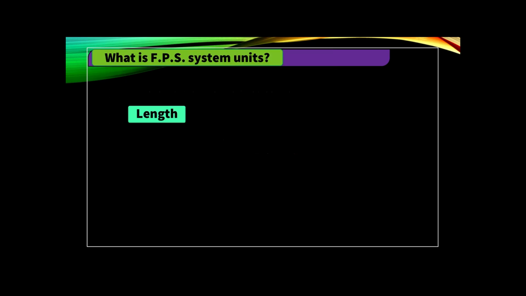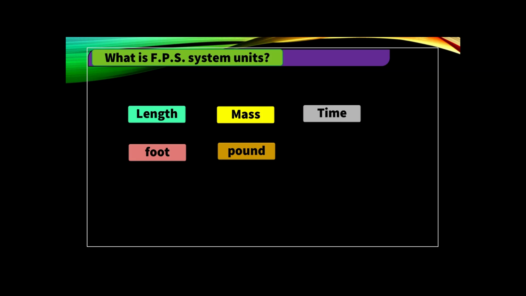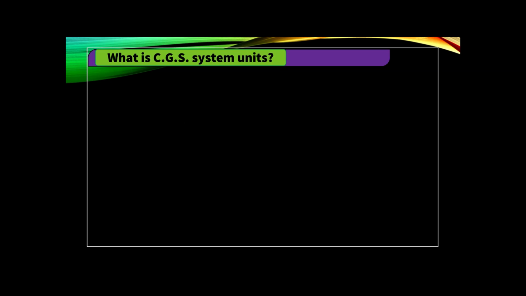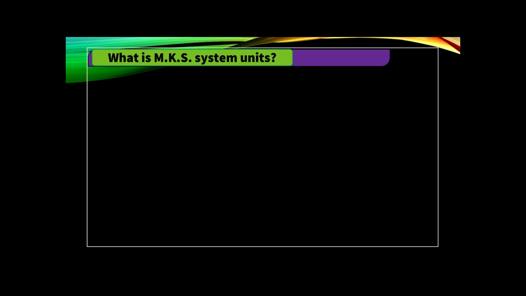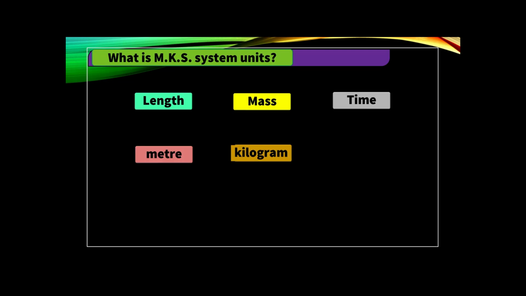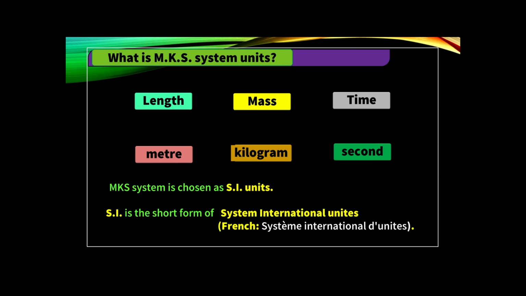What is FPS system? Length is measured in foot, mass is measured in pound, time is measured in second. Same way, now you will tell me what is CGS? Length in centimeter, mass in gram, time in second. What is MKS system unit? Length in meter, mass in kilogram, time in second. This is internationally accepted system of units.